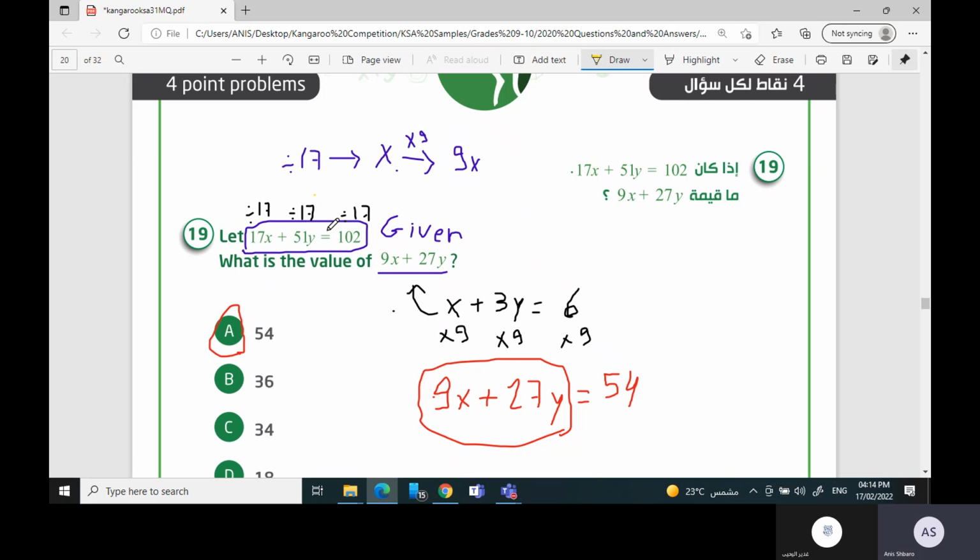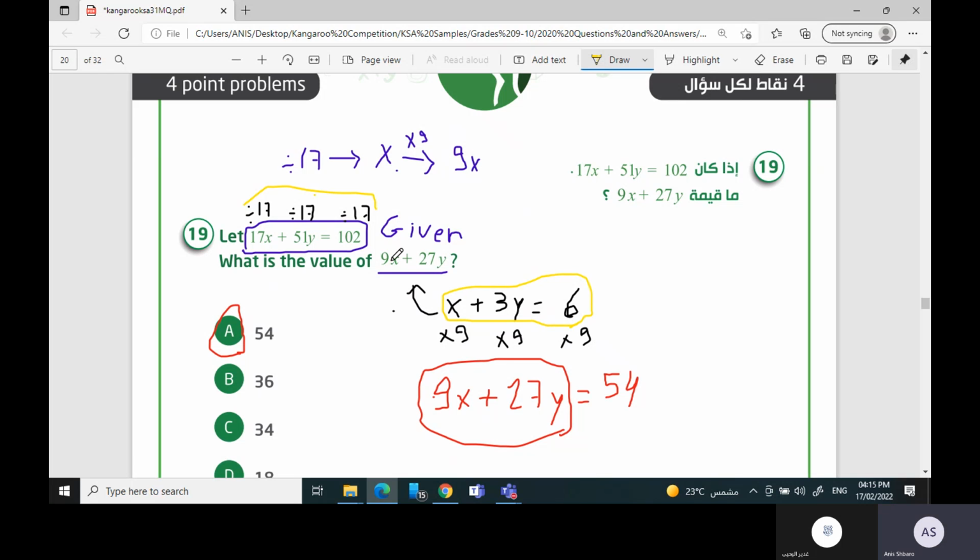17x. To make 17 equal to 9, I must divide by 17 and then multiply by 9. It's obvious for us because 17 is a prime number and there is no common divisor between 17 and 9. So we started by dividing the given equation by 17, and then we got x plus 3y equals 6.